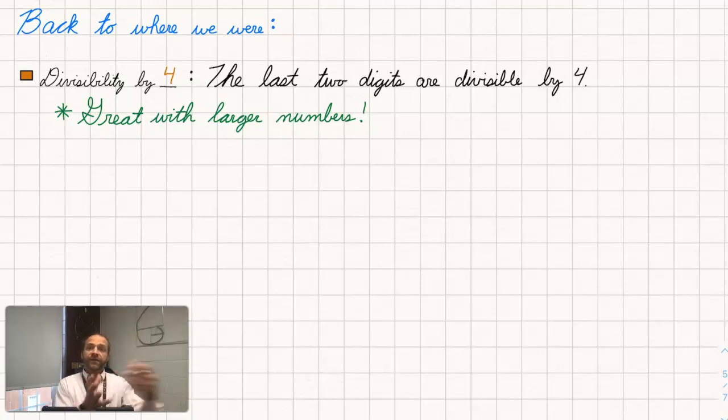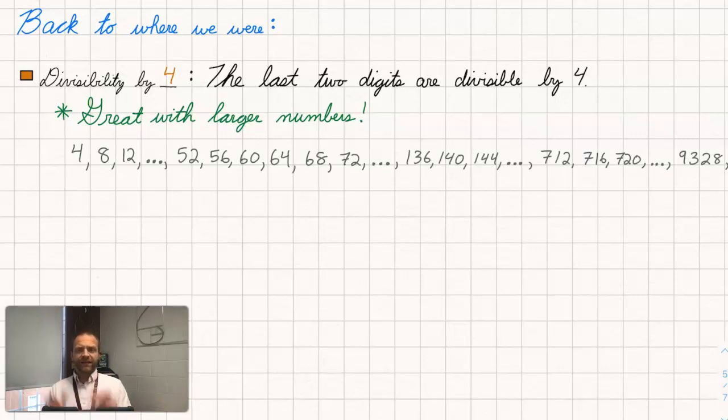So I have 10 numbers that are divisible by 4. So that means 1,000 is going to be divisible by 4. And I can keep going to 10,000, 100,000. So as soon as I hit that 100s digit, any digits bigger than that are going to automatically be divisible by 4. So I only have to check the last 2 digits. It's a very, very good trick with really, really large numbers.